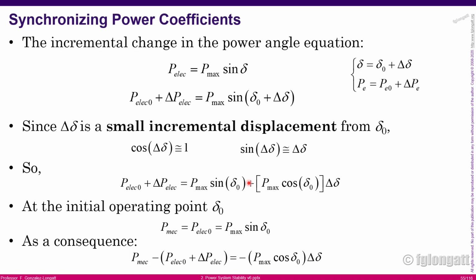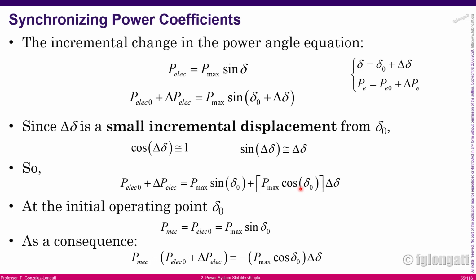We have a very interesting equation because here we have a sine of delta zero, and that is already PLX. Okay? And on the other hand, we have delta delta multiplying a P max cosine of delta zero.